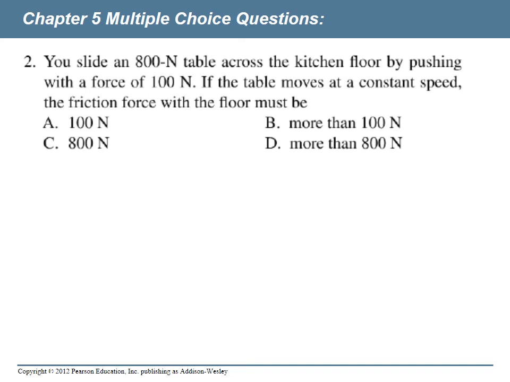So if I'm pushing with 100 newtons, and I know that there's a frictional force resisting me, and the sum of these forces is 0, then the friction force must be exactly equal to the force I'm pushing with, because the speed is constant.